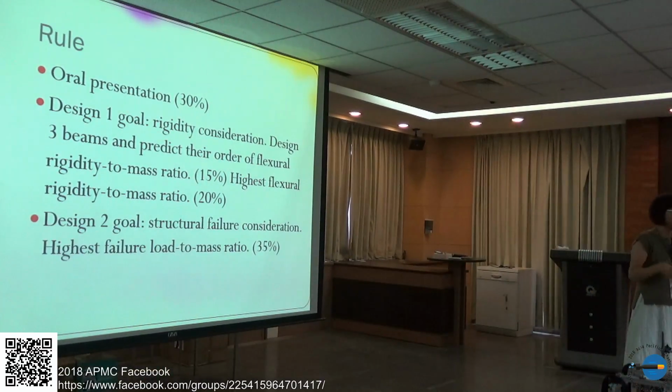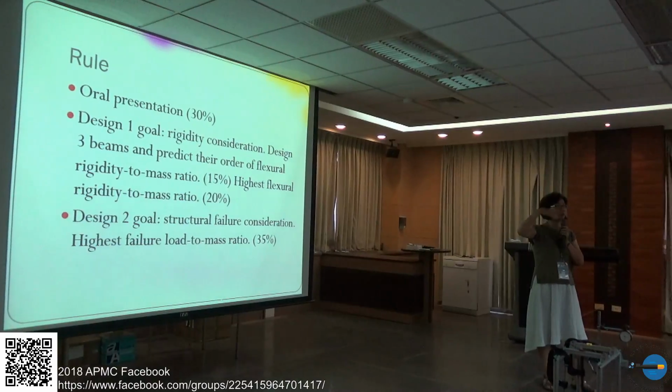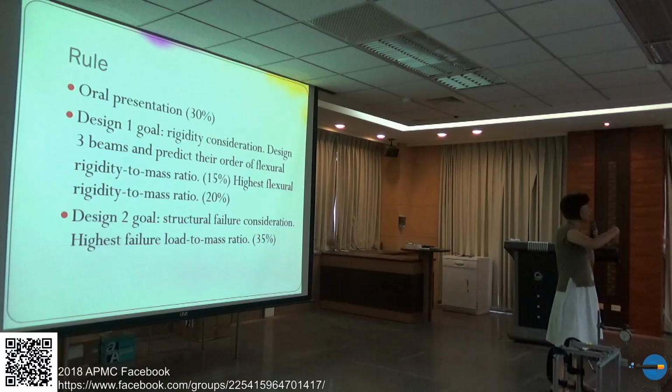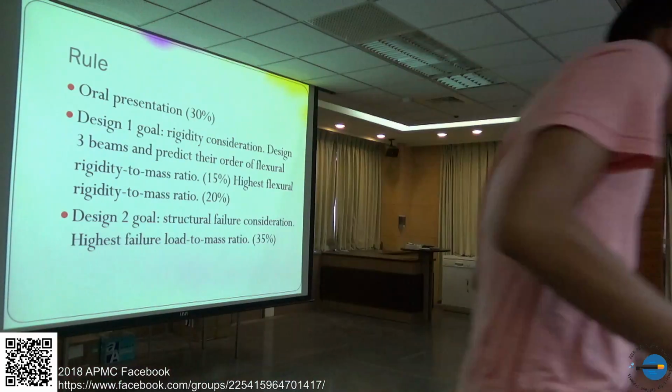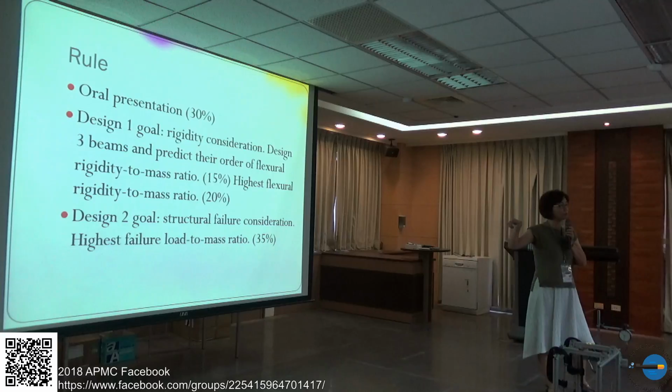you need to compare your highest rigidity to mass ratio to the other teams. Okay, so each team will have 3 beams, right? And we will make the measurement. So you will have one with the highest value of rigidity to mass ratio, right?